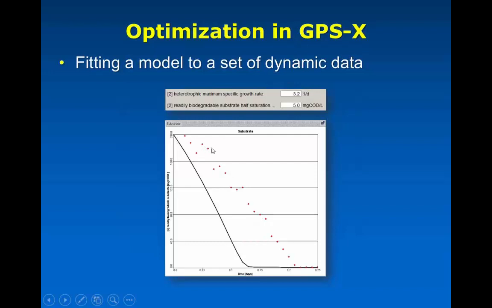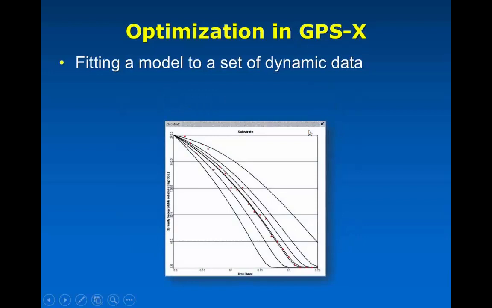In this particular case, this is a little batch reactor where this is soluble substrate on the y-axis and time on the x-axis. As we can see, in this little aerated bioreactor the substrate is being used up. And we want to fit the growth rate and half saturation coefficient in order to find out how that works. So you set up the optimizer, you run a number of simulations, and as you go through that process, it draws lines one after another.